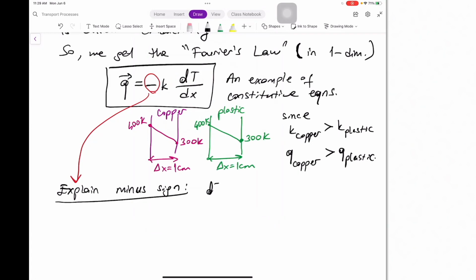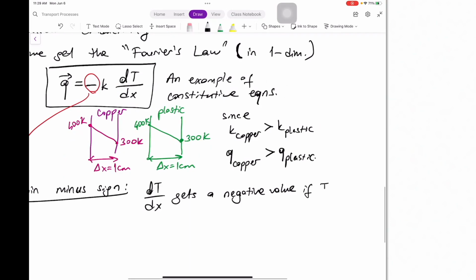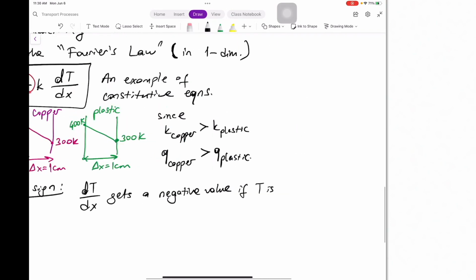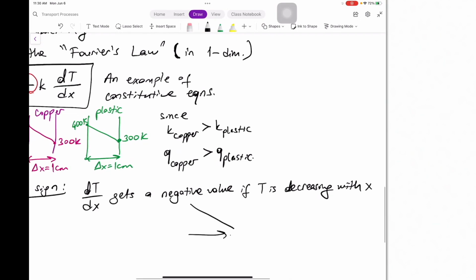Now, dT over dx gets a negative value if T is decreasing with x, correct? So something like this, right? This is the x-axis, this is the T-axis. dT over dx gets a negative value if T is decreasing.